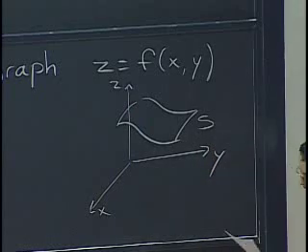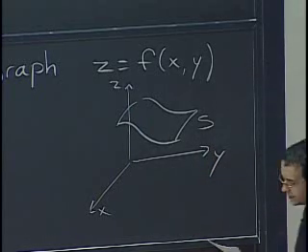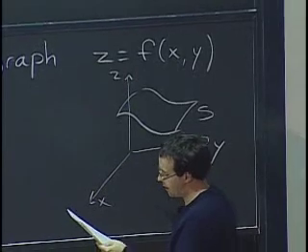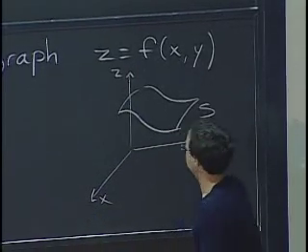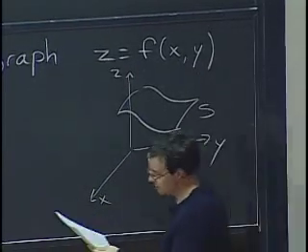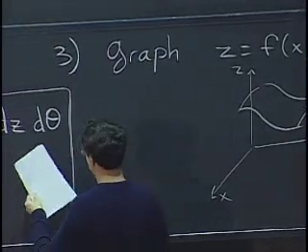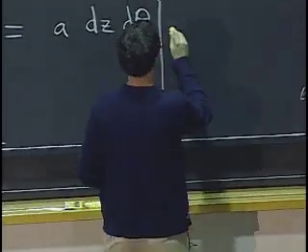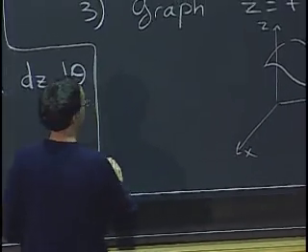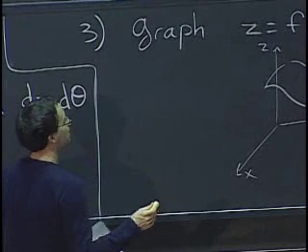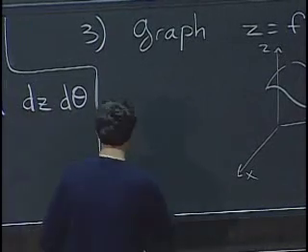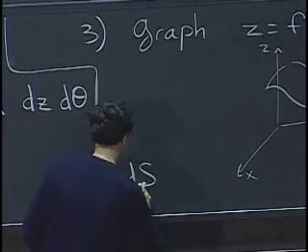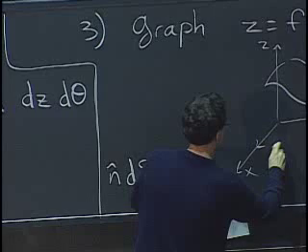Well, I would need to tell you what n is and what dS is. And that's going to be slightly annoying. Actually, I don't want to tell them separately because you'll see they're pretty hard. So instead, I'm going to tell you a formula for n dS.